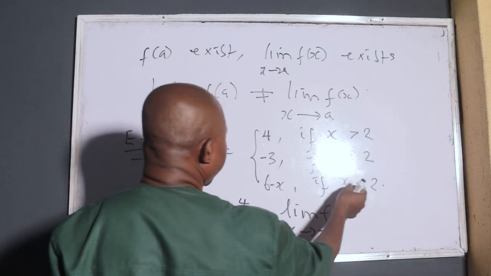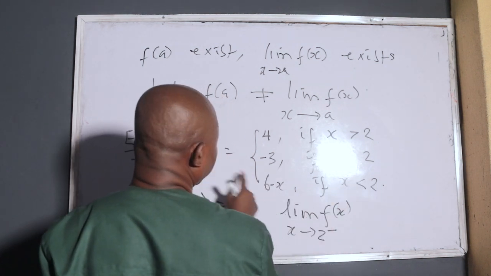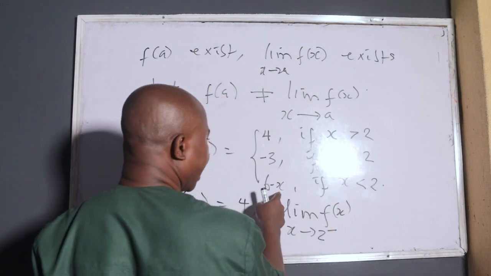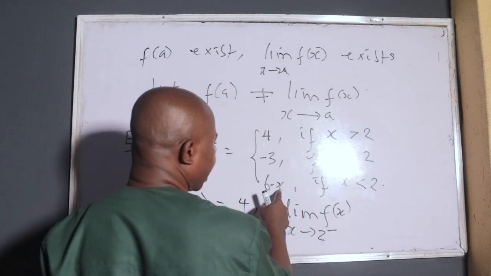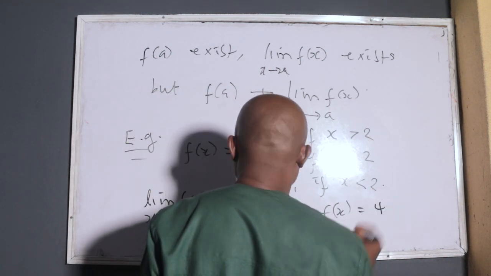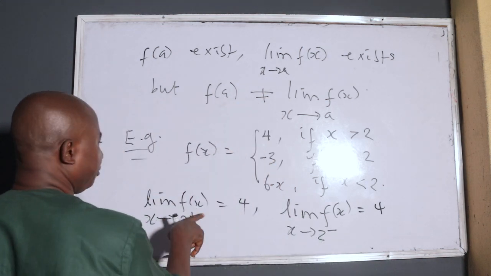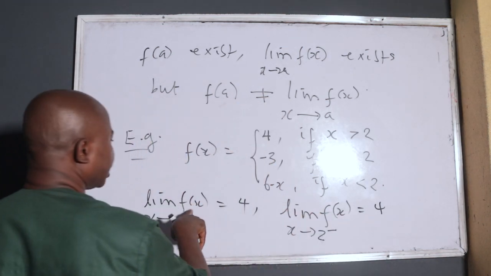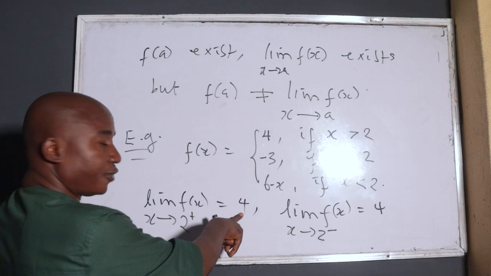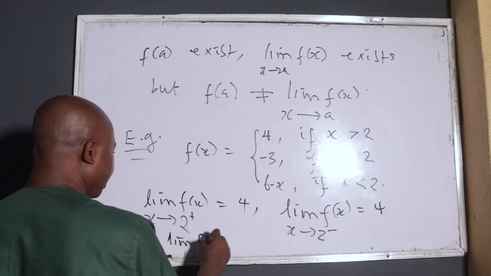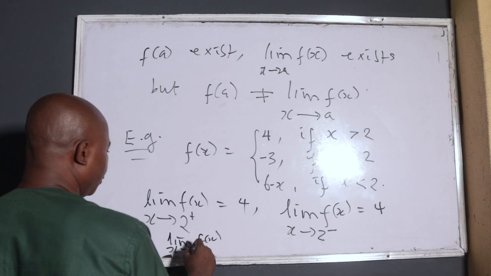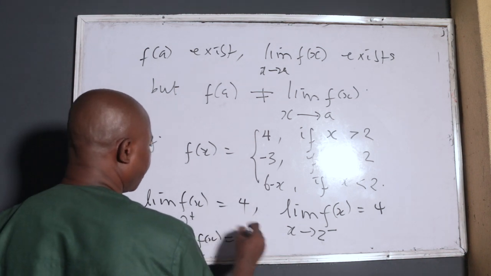For x smaller than 2, the function produces 6 minus x. So as x gets very close to 2, 6 minus x gets close to 4. The left-hand limit is 4, and the right-hand limit is also 4. Therefore, the limit of f of x as x tends to 2 is exactly 4.